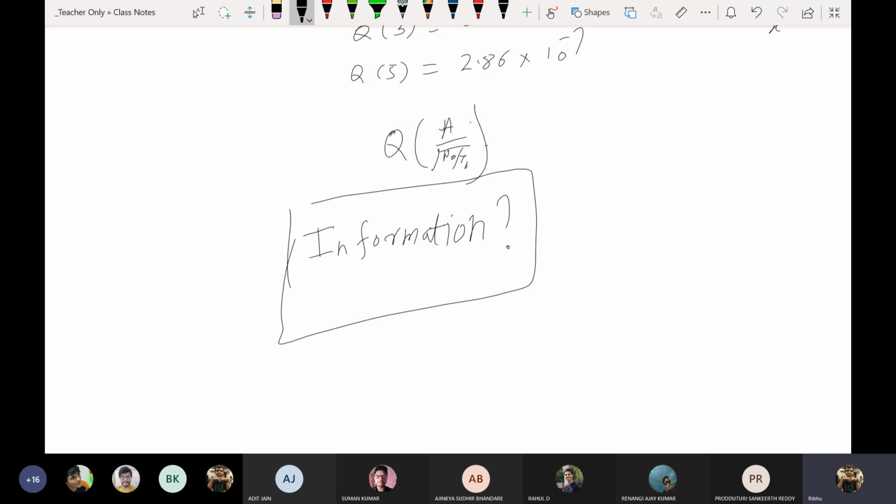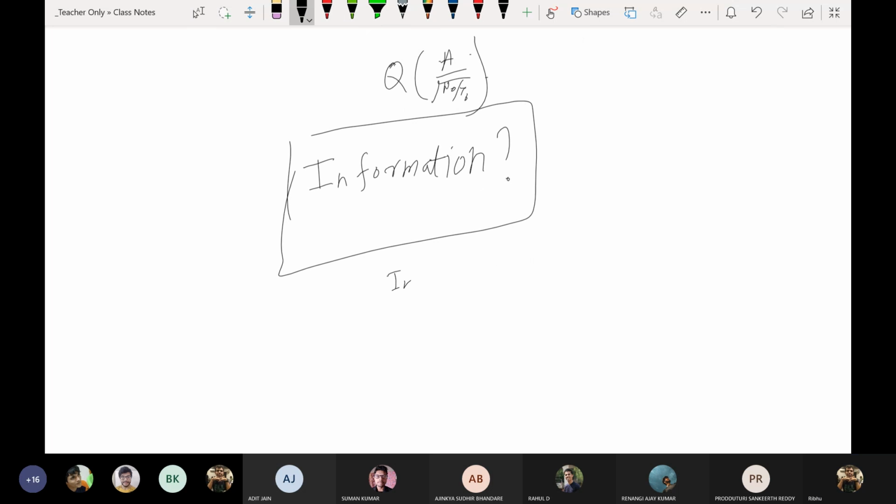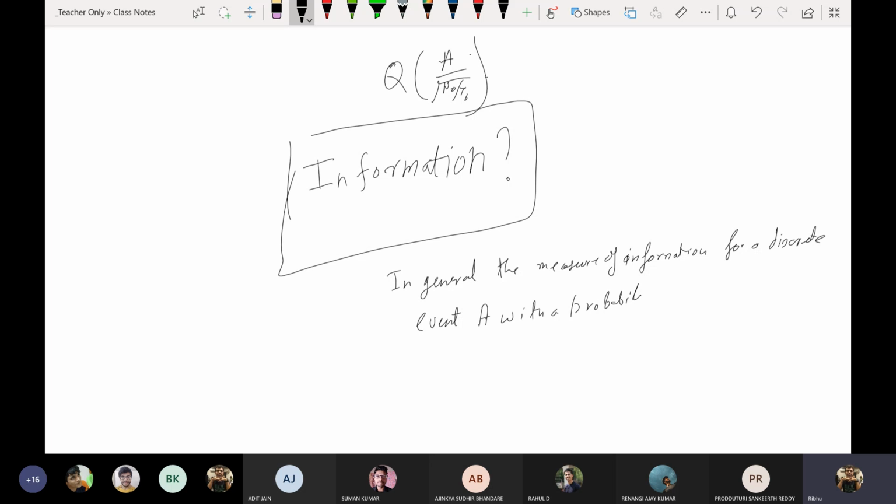And so in general, the measure of information for a discrete event A with a probability P(A) is I(A) equals minus log to the base 2 of P(A).